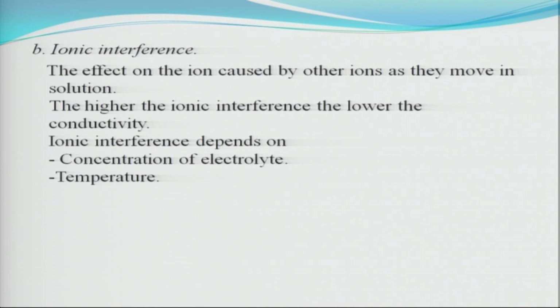If the ions are very few, the interference becomes very low. And when the interference becomes very low, the ions can easily move, and then we can have high conductivity.